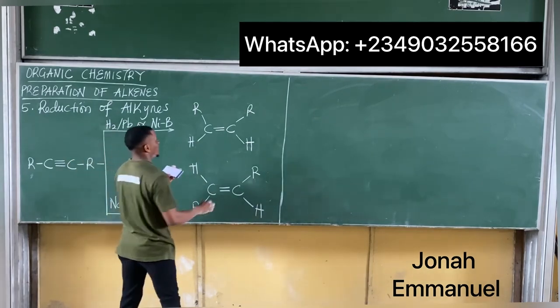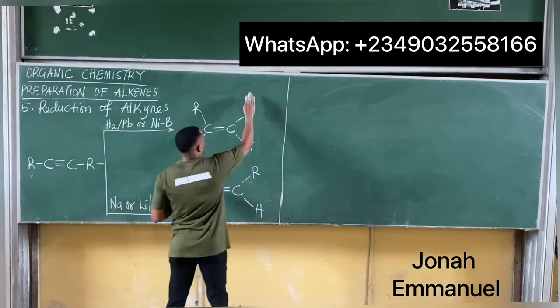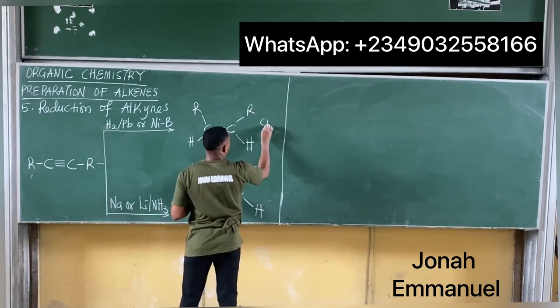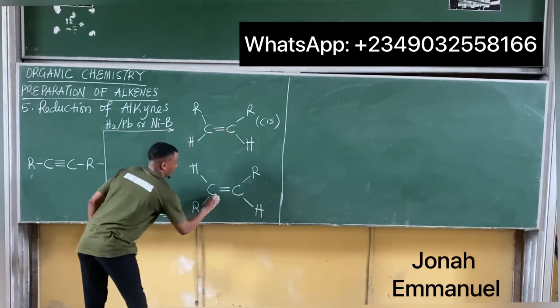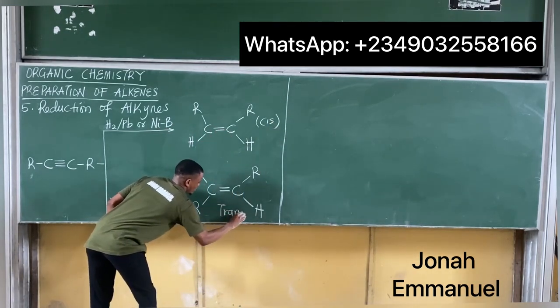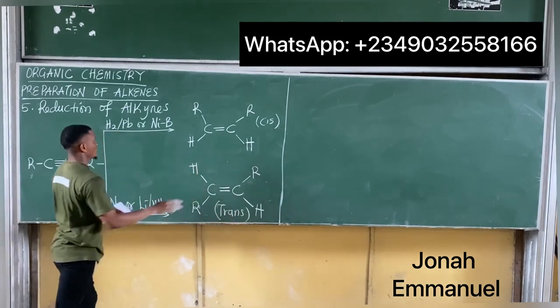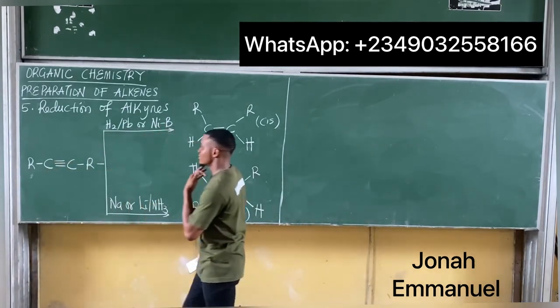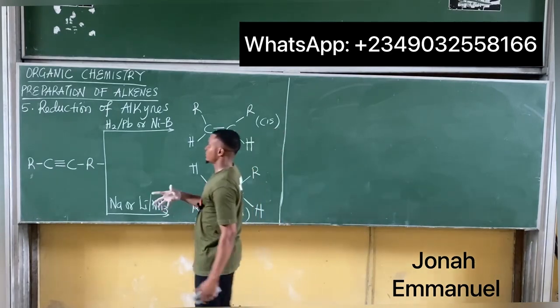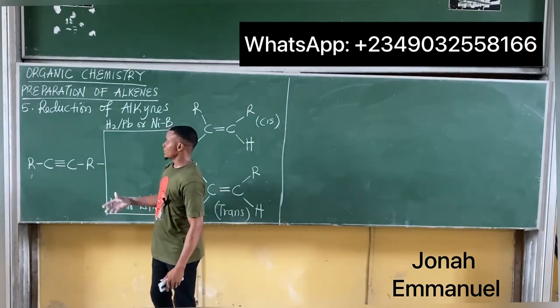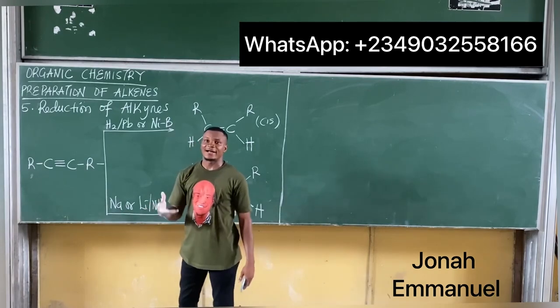What you have here is a cis compound. You know why it's cis? And what do you have here? Trans. So this is the reduction of alkynes. There are two possible methods of reducing alkynes.